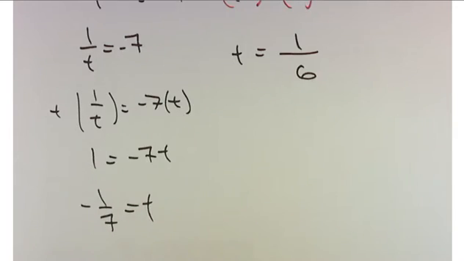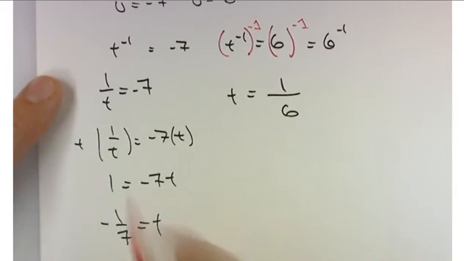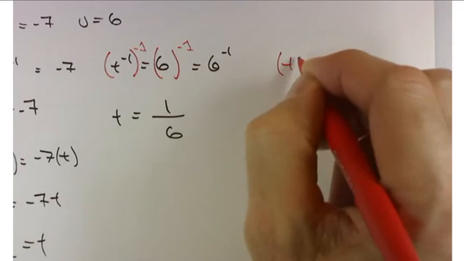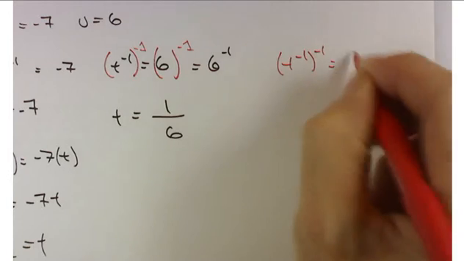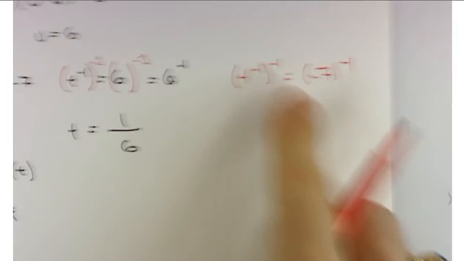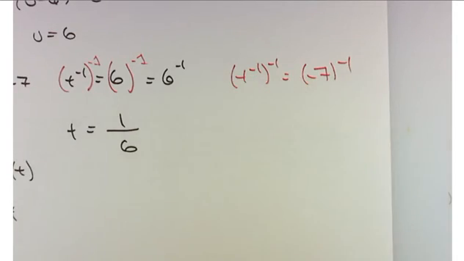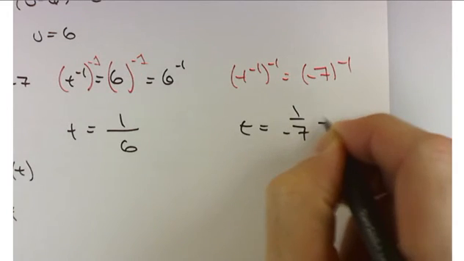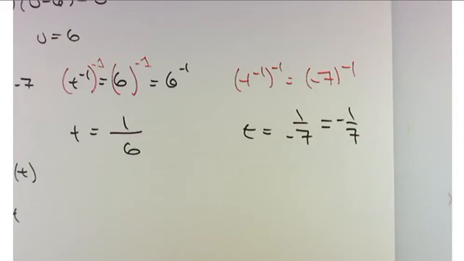But I think it's a lot easier to just say, all right, let's just raise both sides to the reciprocal power. T to the negative 1 to the negative 1. The reciprocal there is going to be t to the 1 over negative 7, or negative 1/7. It's really nice and fast when you raise both sides to the reciprocal power.